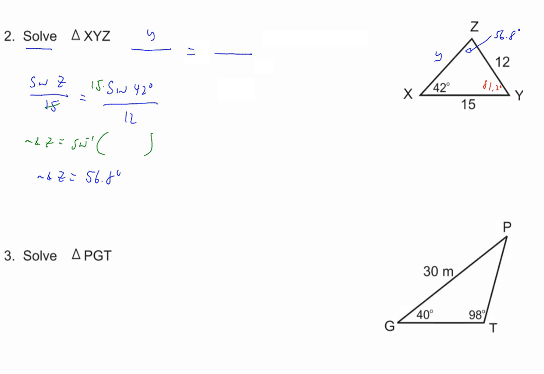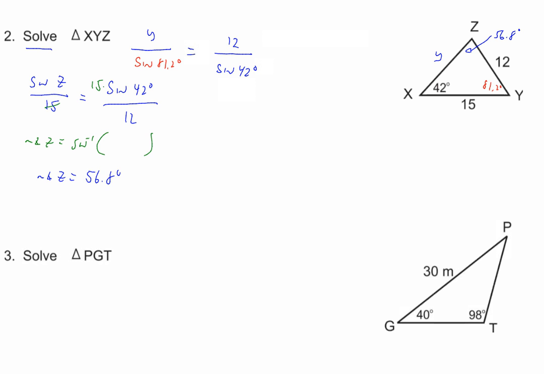So are you caught up? First off, we use the law of sines to get angle Z. Second, we get the third angle by doing 180 minus the other two angles. And now I can get side Y by doing Y over the sine of its angle, 81.2 degrees. I always try to use the values they give me whenever I have a choice. They gave me the 12 and the 42 degrees, so those are the ones I'm going to use.